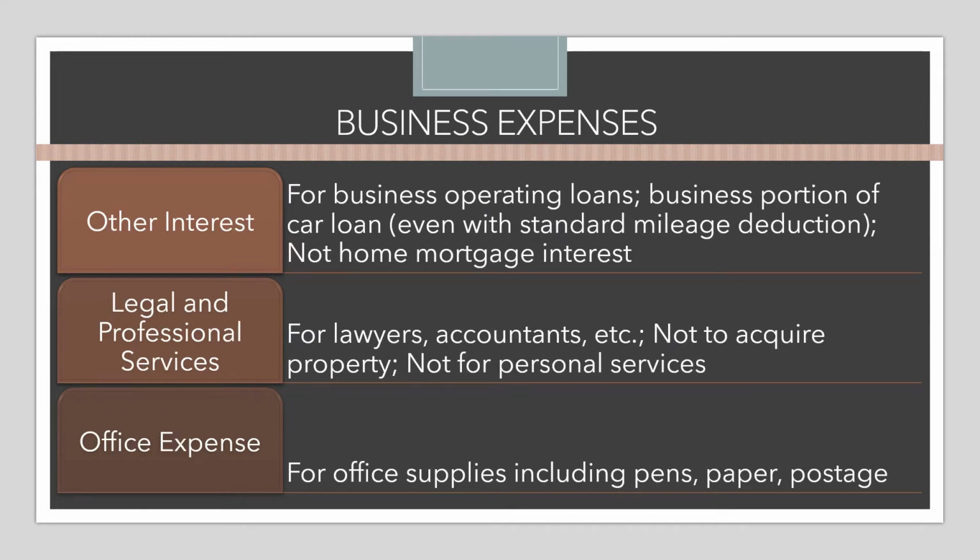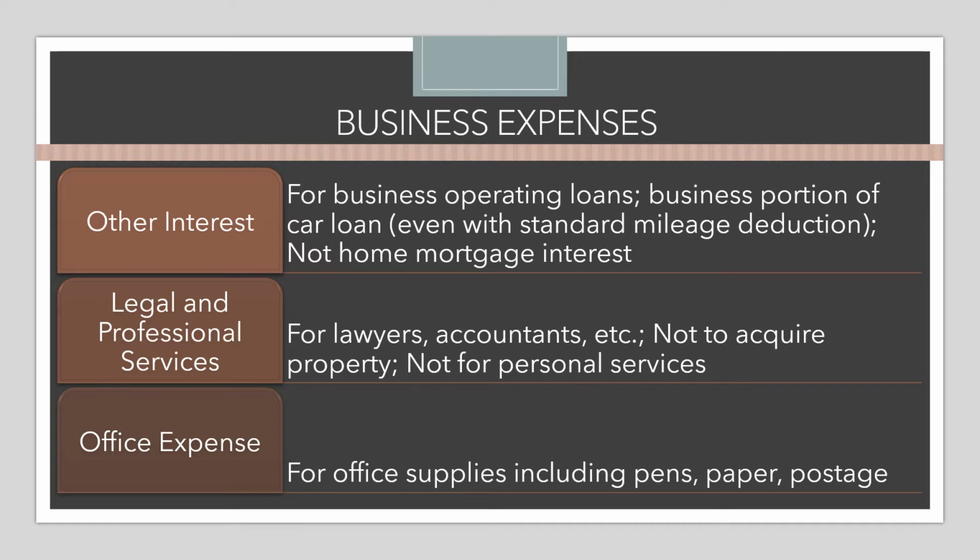Interest is another business expense. This is important to note that this is for business operating loans, or it could be the business portion of a car loan, and that can happen even when the client is taking the standard mileage deduction. So they can take the standard mileage and interest on the Schedule C, but it is not for home mortgage interest.